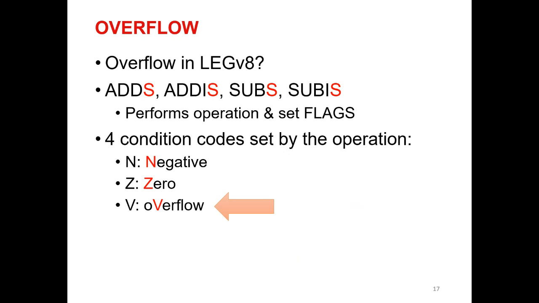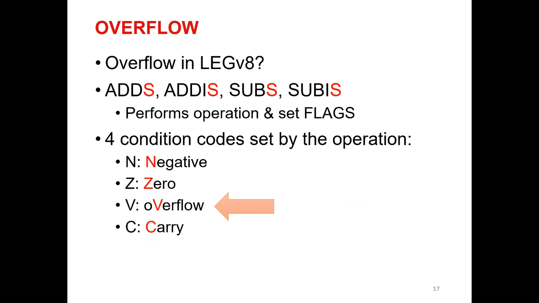So if we use any of those operations with the condition flags on, with the S, then if we try to add two numbers and we get an overflow, the overflow condition code will be set. Okay? And we also have another condition code that we can understand now, which is the carry. Now you understand when this value will be set: when I add two numbers and I have the carry on.